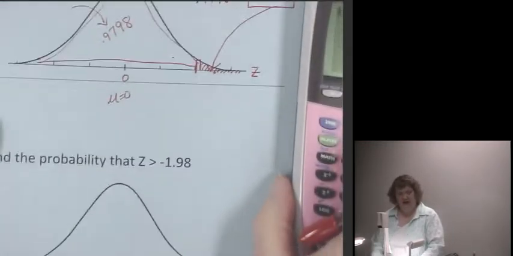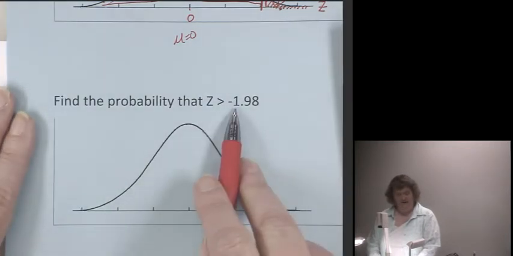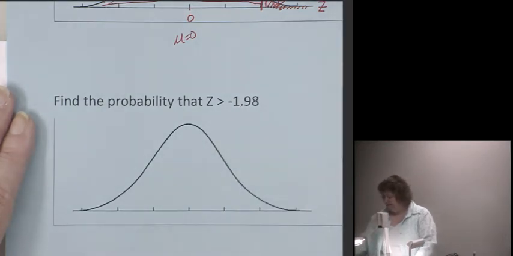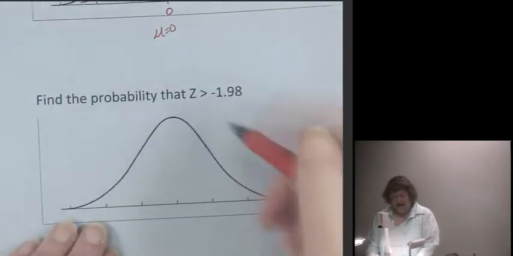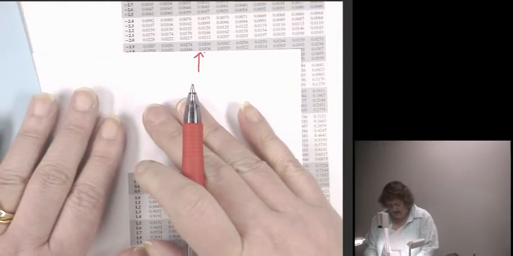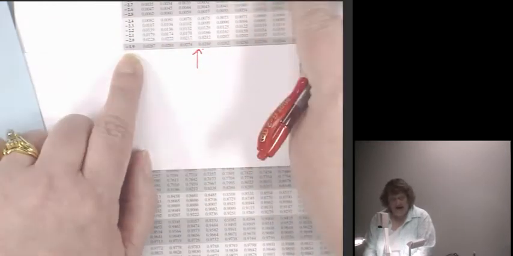So let's try that if the number is less than 0, if it's a negative number. In this case, let's look at negative 1.98. Okay, negative 1.9 would be the first digits. So we'll come up here to negative 1.9 and then 8, so we'll come to the 8 column.